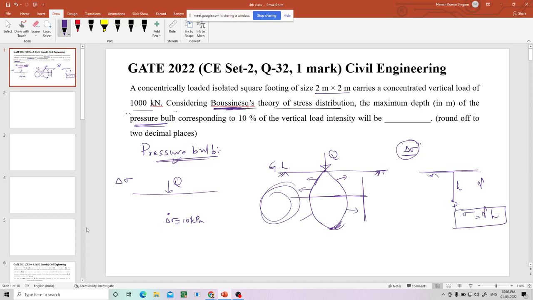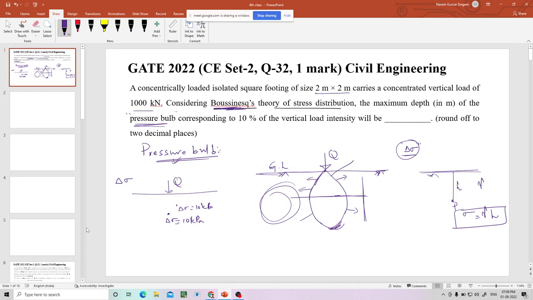That point may be here. Delta sigma here is also 10 kPa. Like that, there are a number of points. You are seeing only 2D diagrams here, which is why you see only a circle or ellipse. But in 3D, you can see the ellipsoid or bulb-shaped surface.